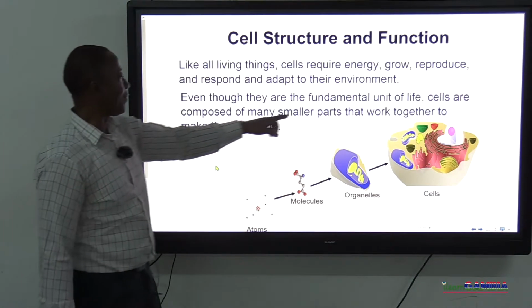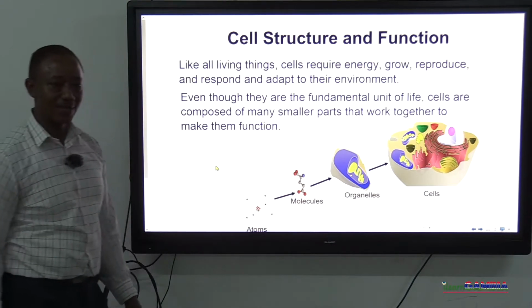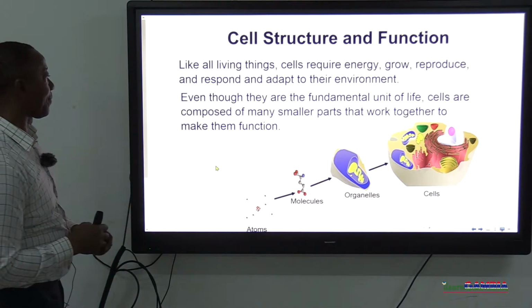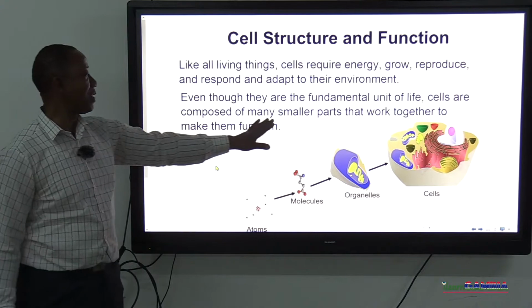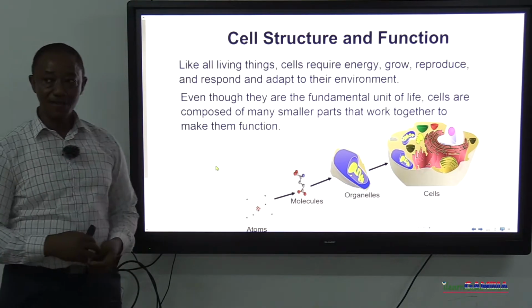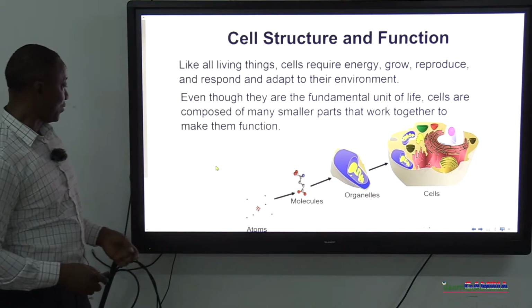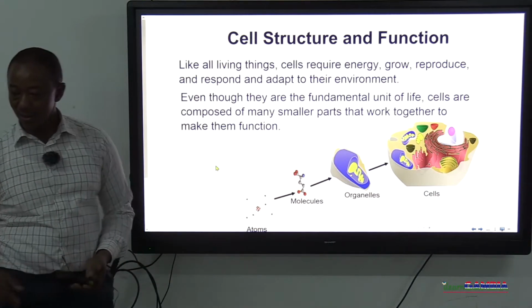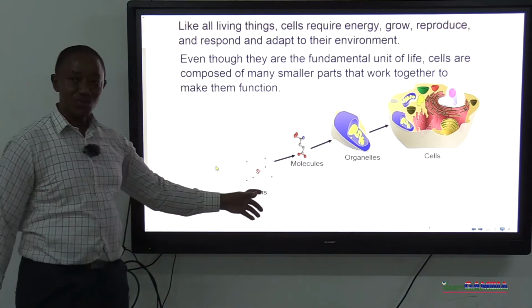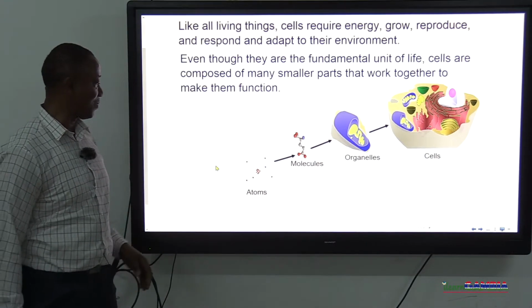Now, even though they are the fundamental unit of life, that means the things of which everything that is living is made, cells are composed of many smaller parts that work together to make them function. So we start from the lowest level. You have atoms, if you remember a little bit of your chemistry.